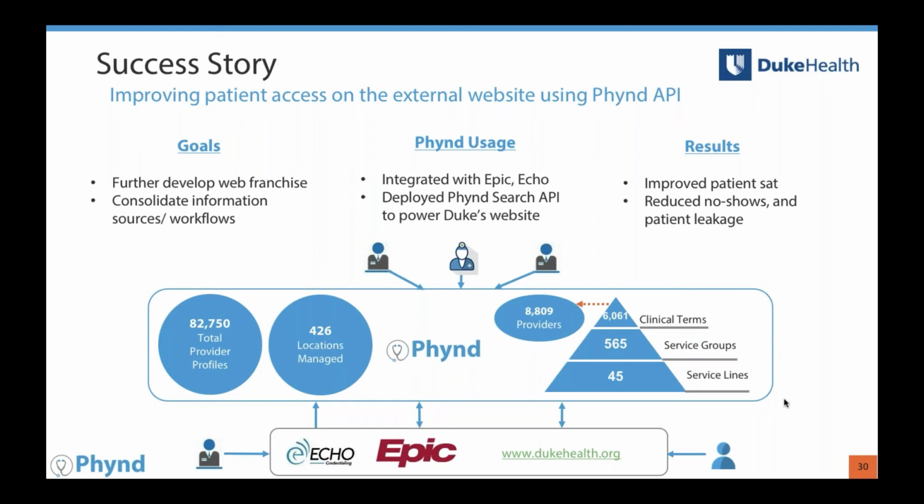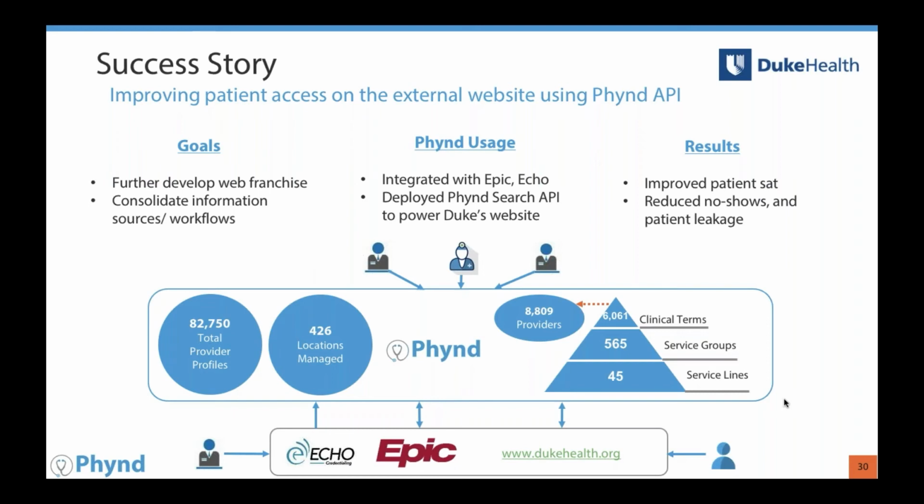The patients simply click through that little applet to go directly into the open slots on a doctor's schedule. And we believe this capability allowed Duke to see significant increases in patient satisfaction and to reduce the no-shows and just in general support better patient matching.